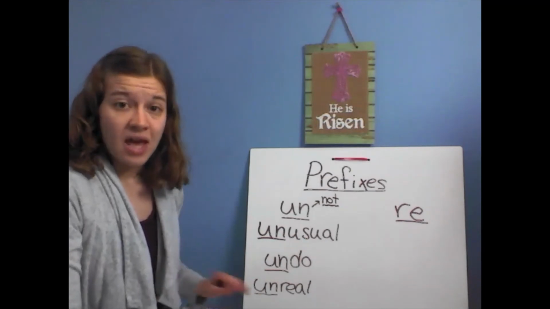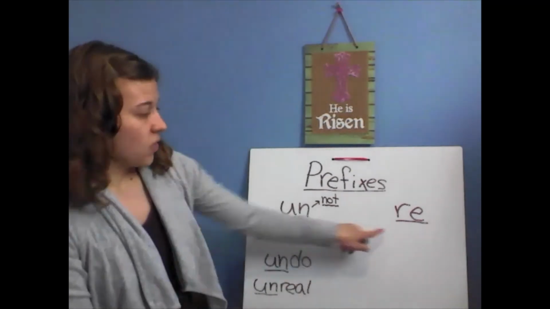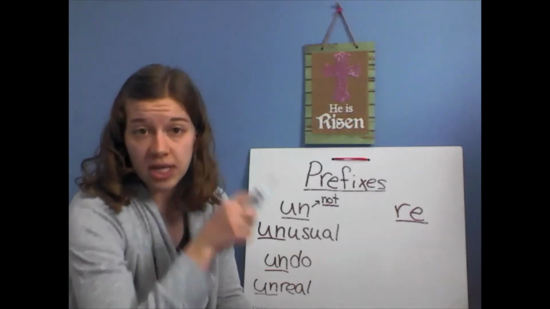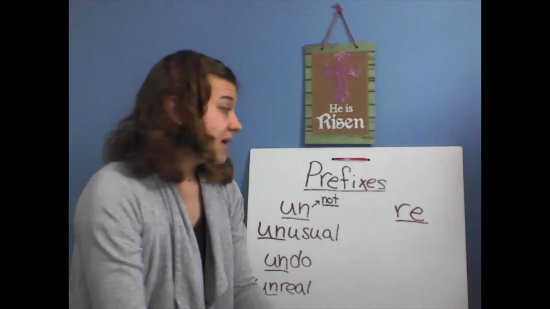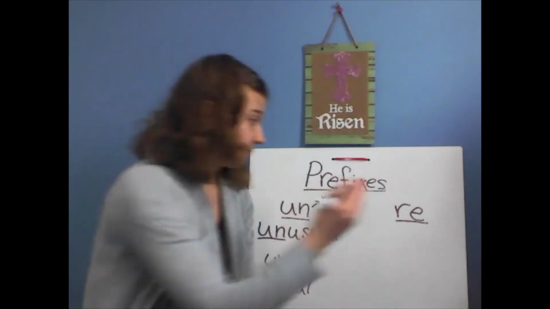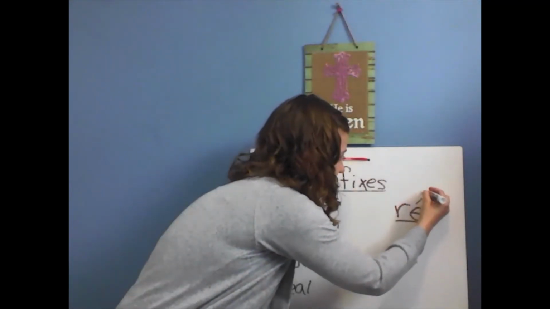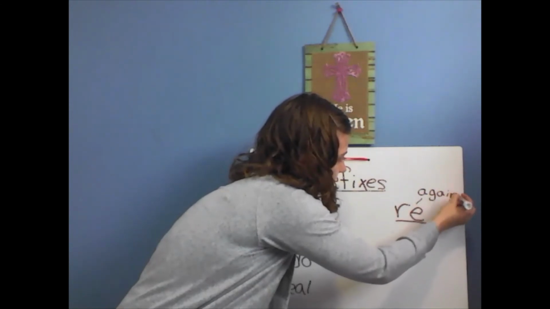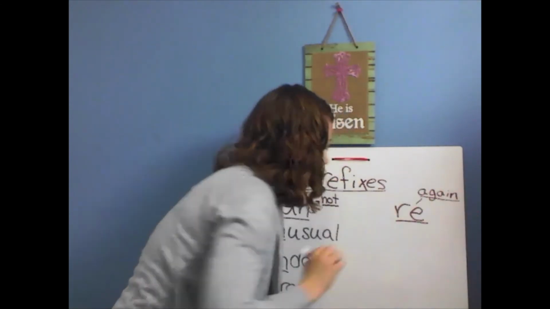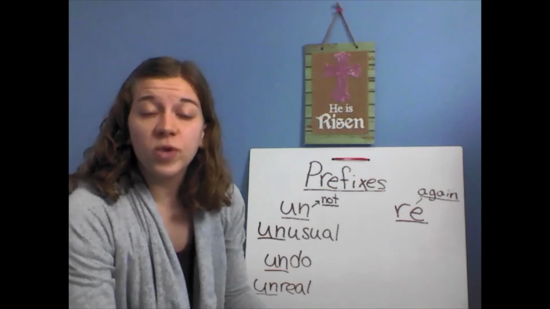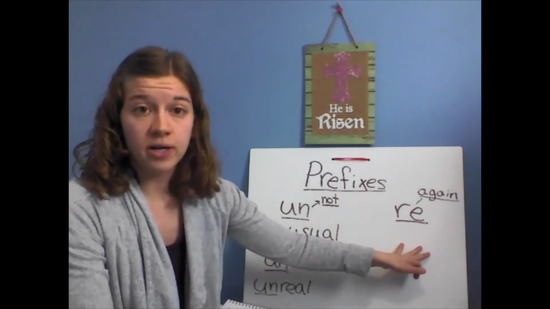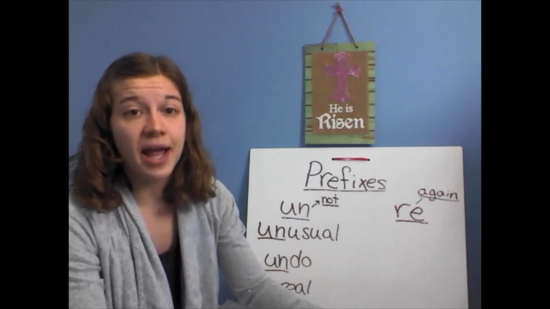Okay? Now let's take a look at re. Re, that's another prefix we're going to look at today, and you're going to look at it on a worksheet as well. Re means again. All right? We'll write that up here so we remember. Again. So, re means again. So when you add re to the beginning of a word, it means to do that thing again.